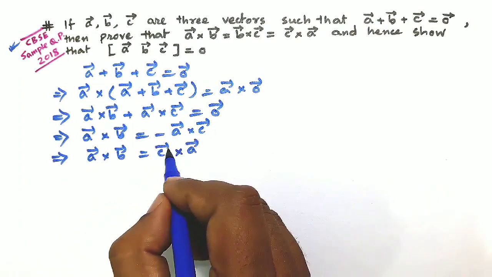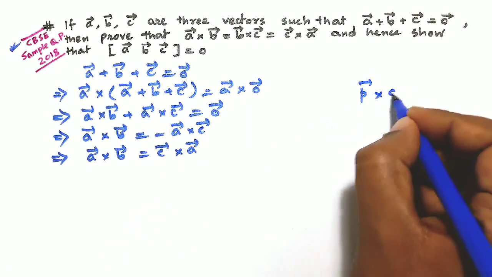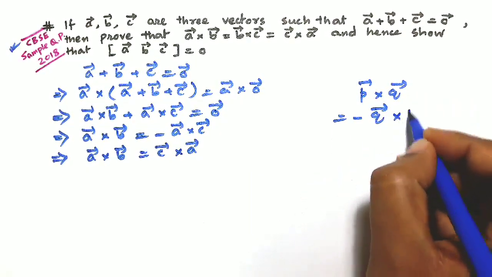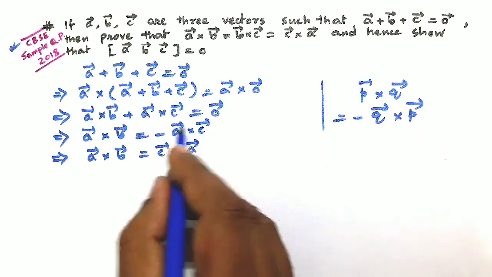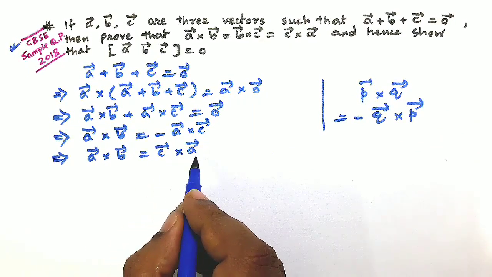You know this rule of vector, that p vector cross q vector is equal to minus q vector cross p vector. So we have used this one, minus a vector cross c vector is equal to c vector cross a vector.